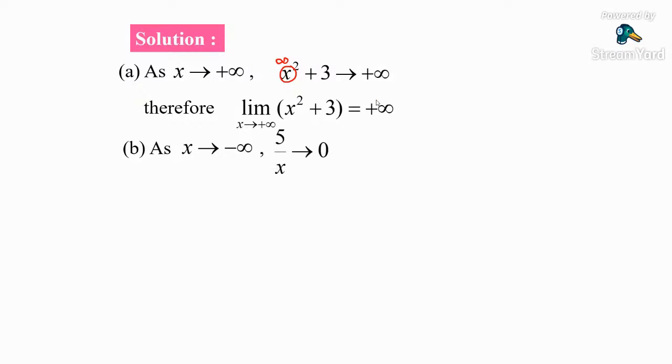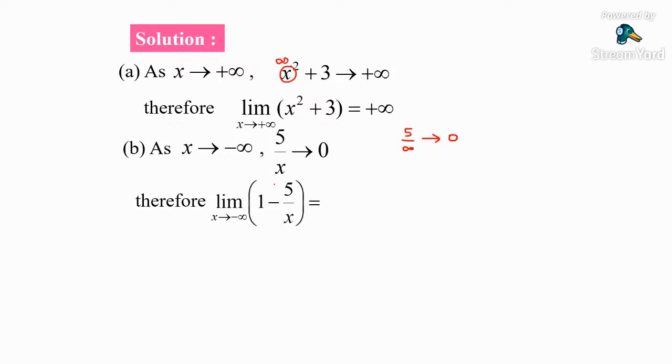Okay, so the next one. As x approaches negative infinity, what is 5 over infinity? So 5 over infinity is actually approaching 0. So what does it mean?